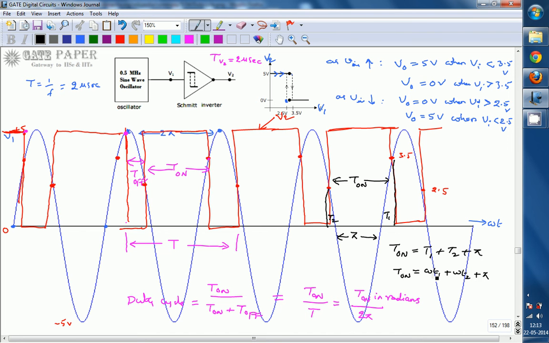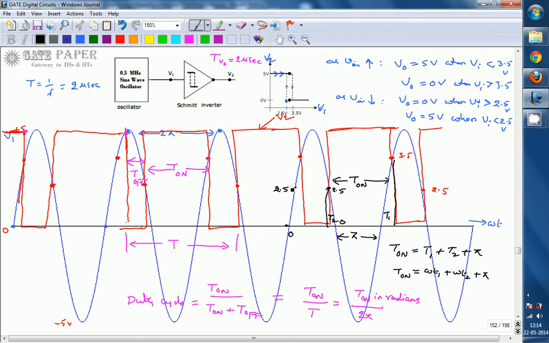Then how do we calculate omega T1 and omega T2? That is nothing but radian equivalents. The sinusoidal signal changing from 2.5 to 0 volts takes the same time as when it increases from 0 to 2.5 volts. Both will be the same.